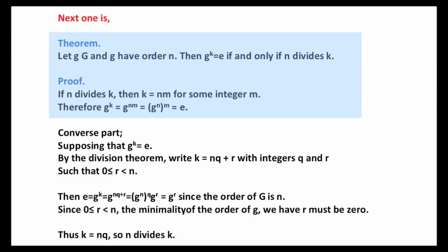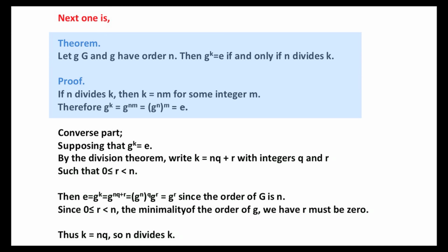Next one is a theorem. Let g belong to G and g have order n. Then g to the power k is equivalent to E if and only if n divides k. Proof: if n divides k, then k is equivalent to nm for some integer m.